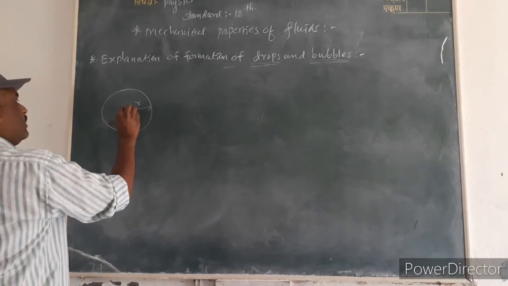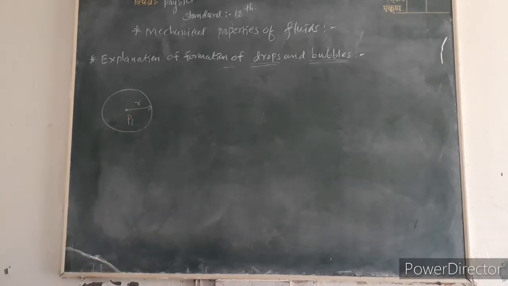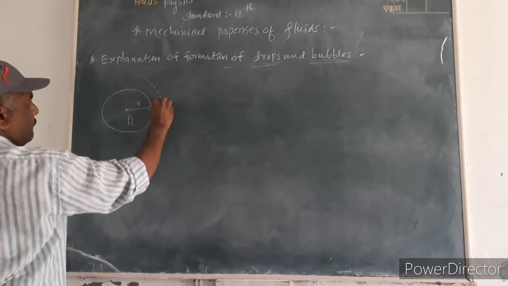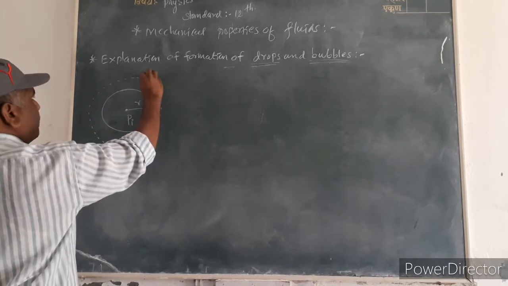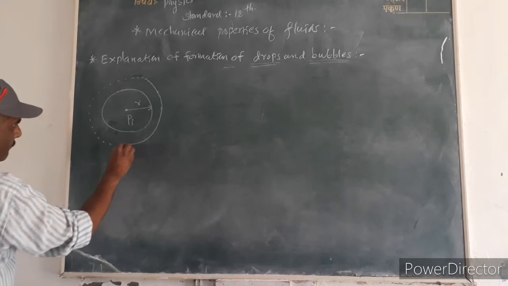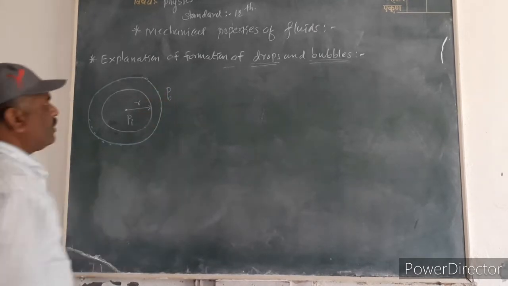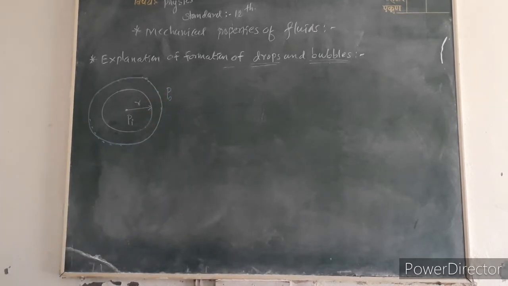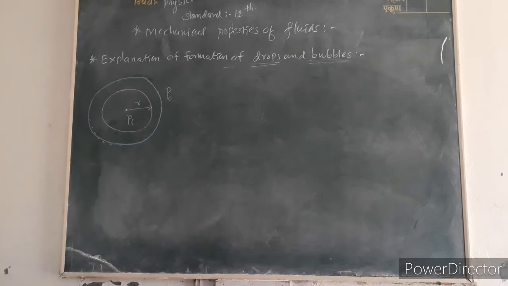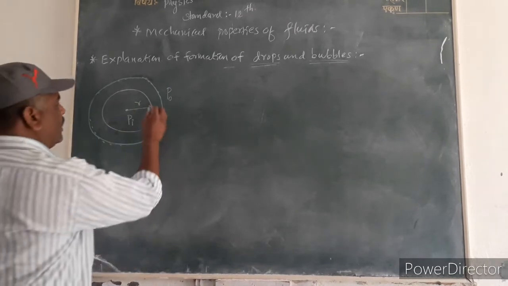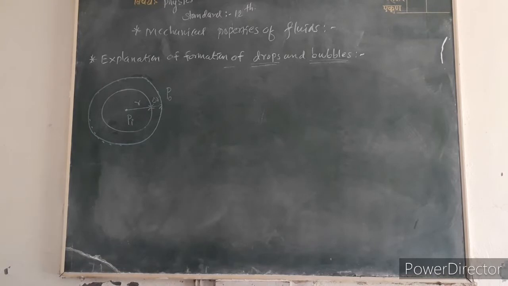At the center, or inside that drop, the pressure is P. P0 is the outside pressure and Pi is the inside pressure, and this distance is suppose delta R, that is the increase in radius.